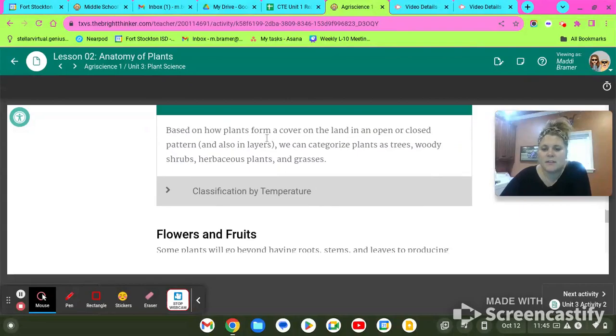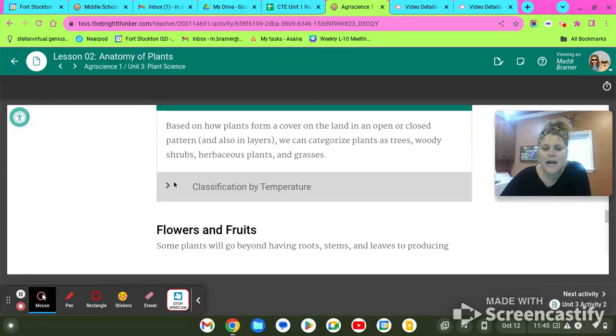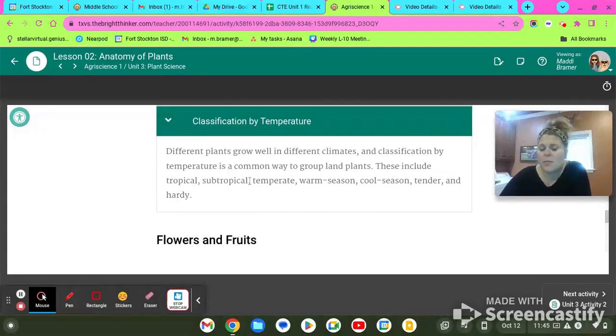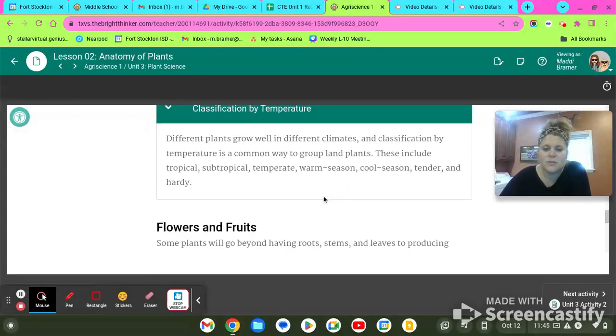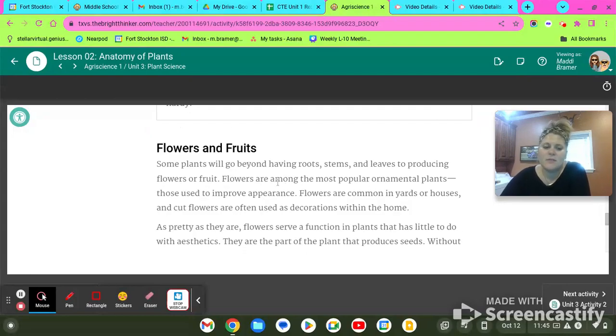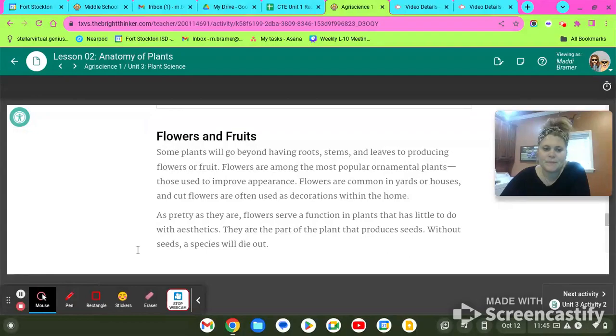There's land cover, so that's going to be like your trees, woody shrubs, grasses, and by temperature. Different plants are classified by tropical, subtropical, warm season, cool season, tender, and hardy. So there's a lot of different categories that plants have. They can be so different, and there's a plant for everything.